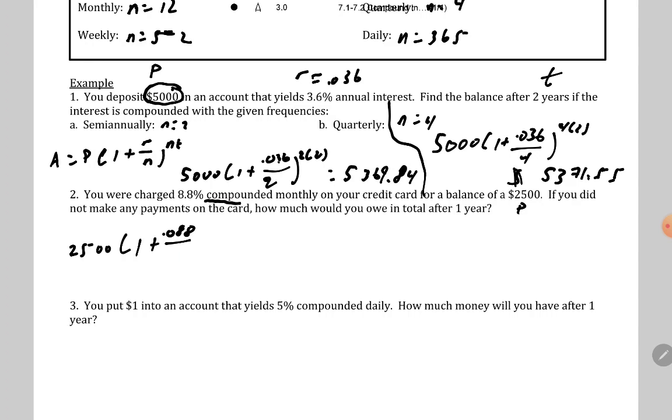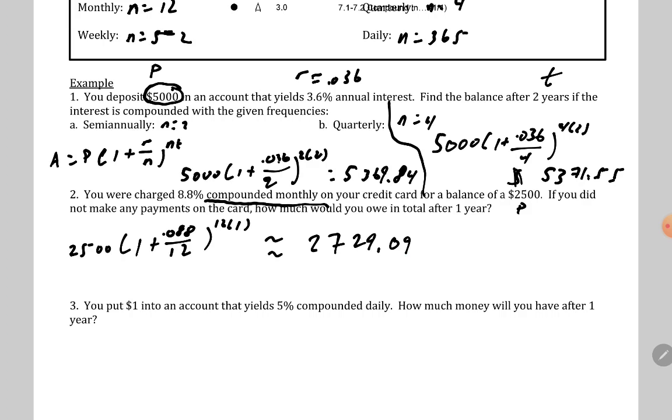It's compounded monthly, so N is 12, and this is 12 times 1 year. This will get you a new balance of $2,729.09, which means if you don't pay after 1 year, you owe another $729.09. Usually there's probably fees, or maybe they just let you stay on interest. Pay your bills on time.